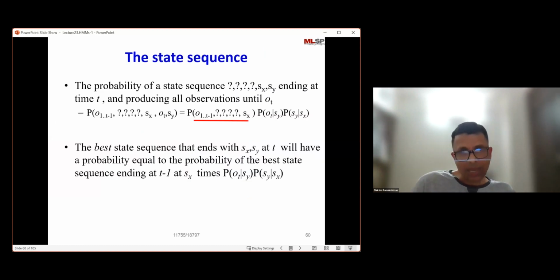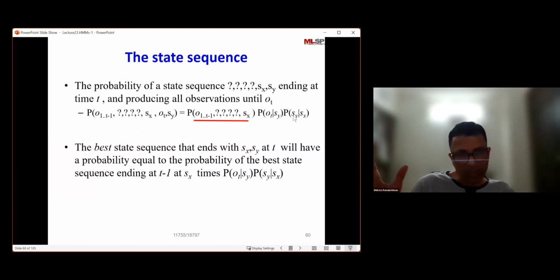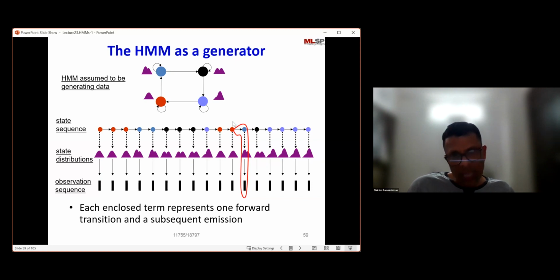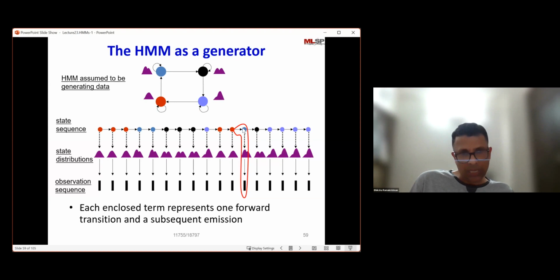This equation is better explained with this picture. It asks, what is the probability that I'm going to generate all of these observations and be in the red state here and the blue state here?